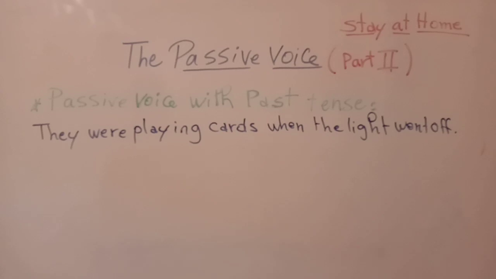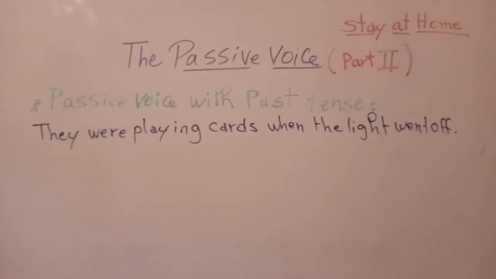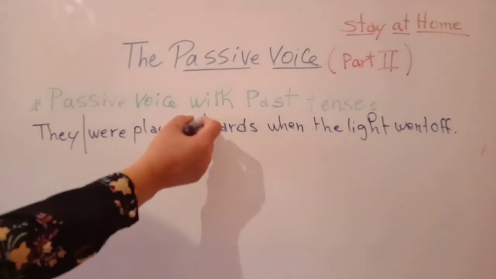Let's move to another active sentence, but this time with a different past tense. They were playing cards when the light went off. Okay? So, where is the subject? The subject is they. Where is the verb? Were playing.